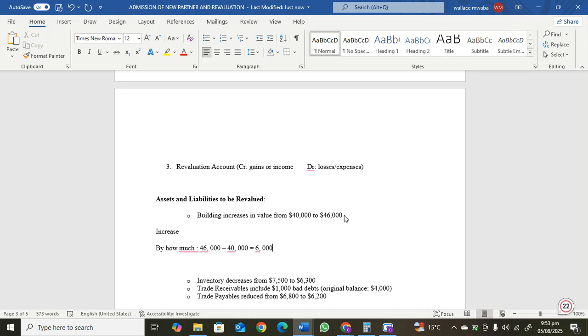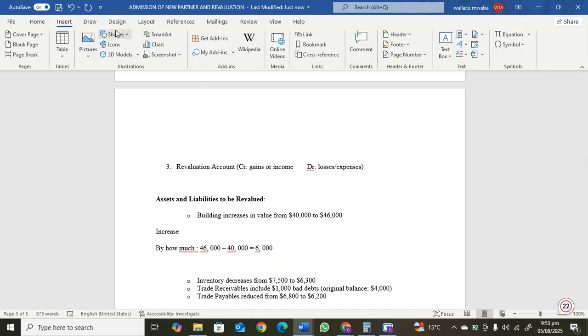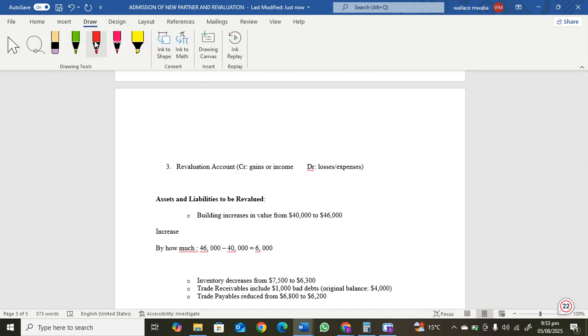So we've got a 6,000 increase in our asset, which is buildings. So colleagues, when there's an increase in an asset, do we debit or do we credit? According to the double entry rules. Yes, when there's an increase in an asset, do you debit or do you credit?